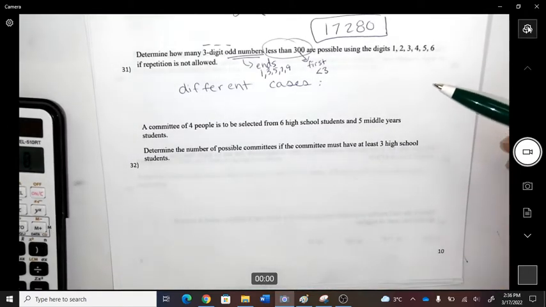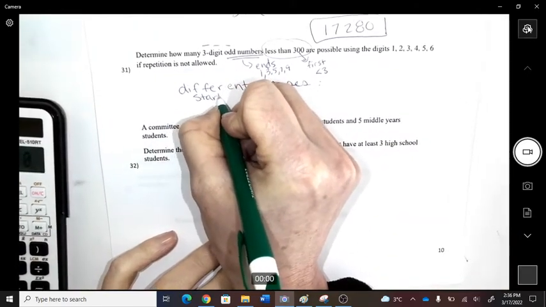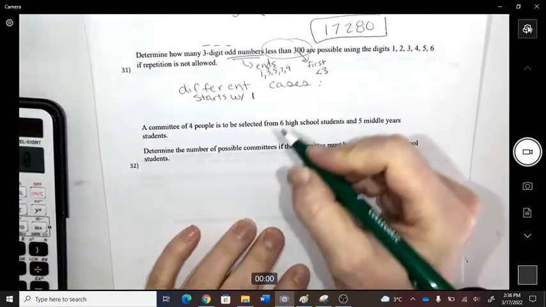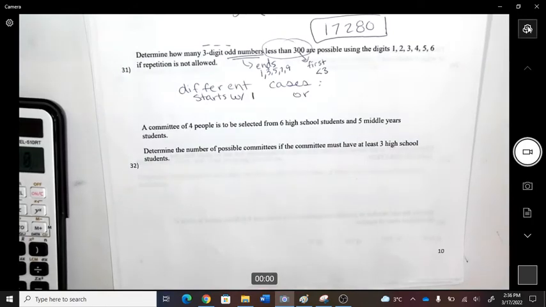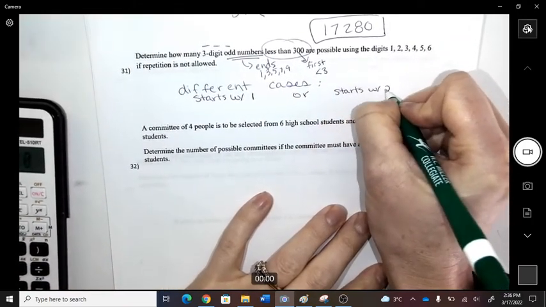So what could be situation number 1? What could it start with? Okay, so case 1, it starts with a 1. Or, what's the other situation that could have happened then? Starts with a 2.